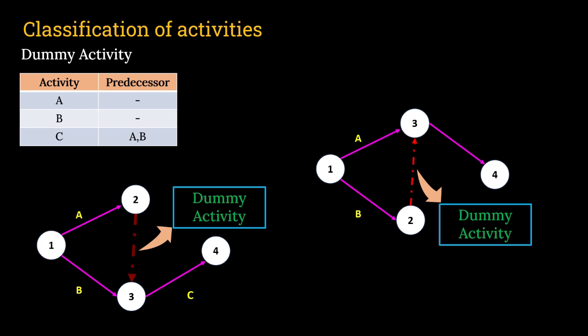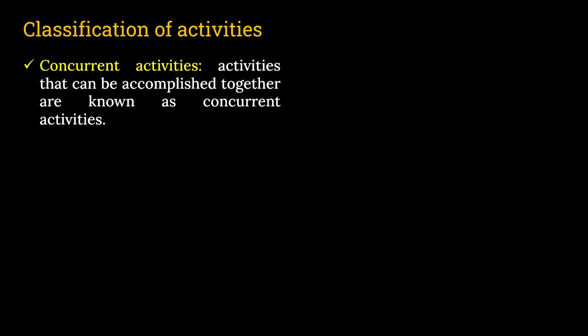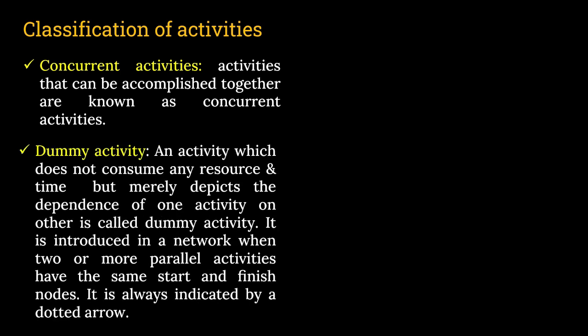Okay, now we'll clarify what a dummy activity is. First, the concurrent activities. What is that? Activities that can be accomplished together are known as concurrent activities. What is a dummy activity?